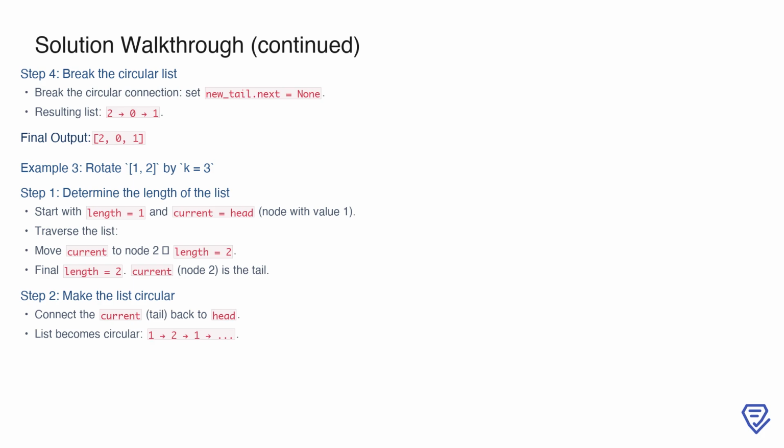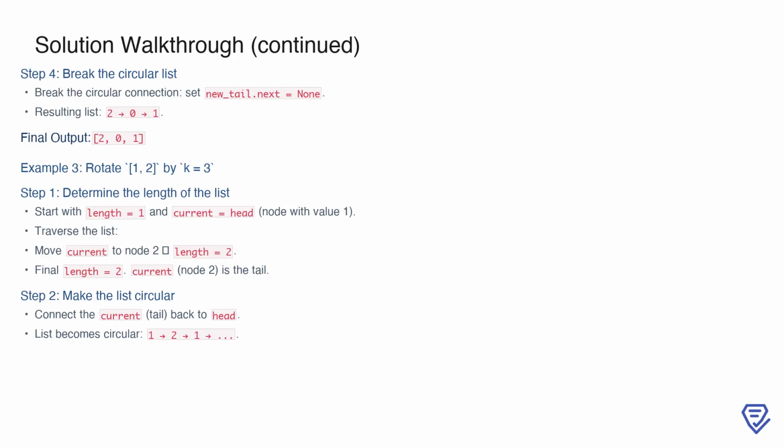Once we have identified the new tail and new head for this example, the final step is to break the circular connection. We set new_tail.next to None, which disconnects node 1 from node 2. The resulting list becomes 2, 0, 1, and the output for this rotation is 2, 0, 1.